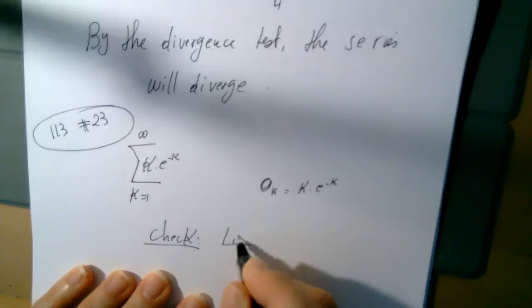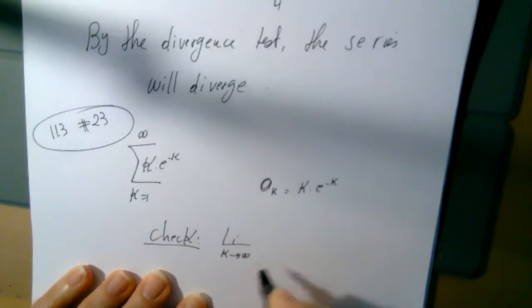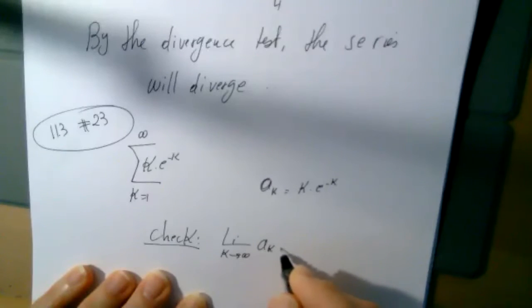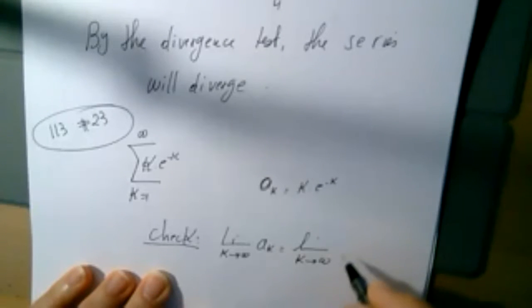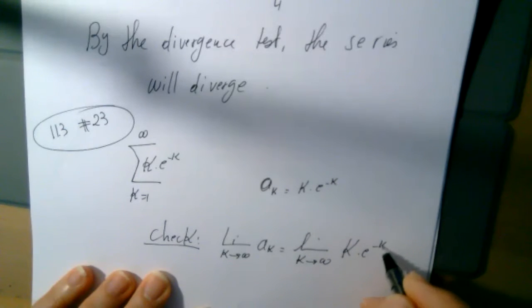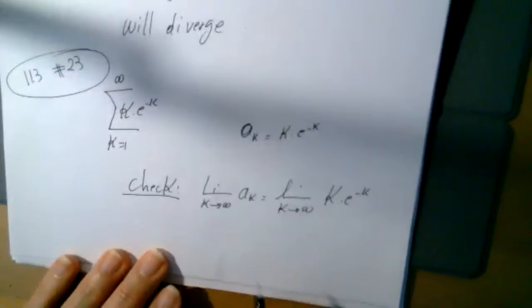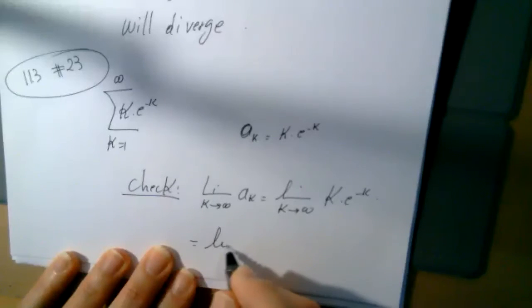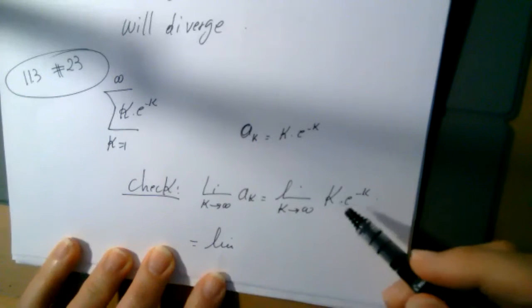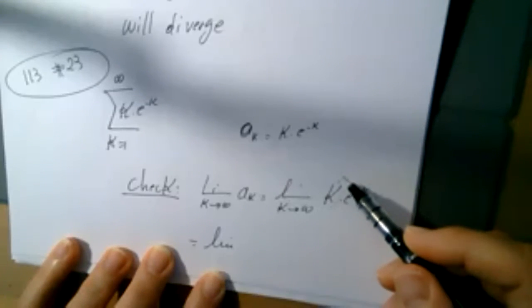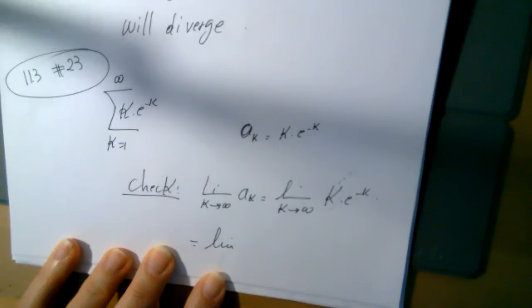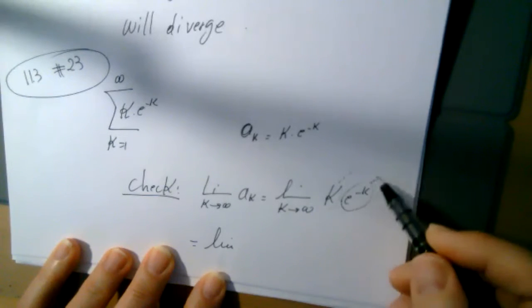So what happens to a_k when k goes to infinity? Anybody? k times e to the minus k. All right, this is equal to what? When k goes to infinity, this one becomes very large, and e to the minus k goes to 0.